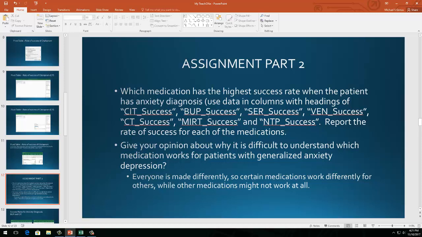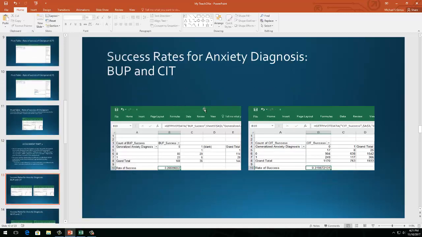Alright, so to get the rate of success for the other drugs that was asked for, we do the same steps. I went ahead and did it in advance. For BUP, the rate of success is 0.206. For CIT, the rate of success is 0.319.